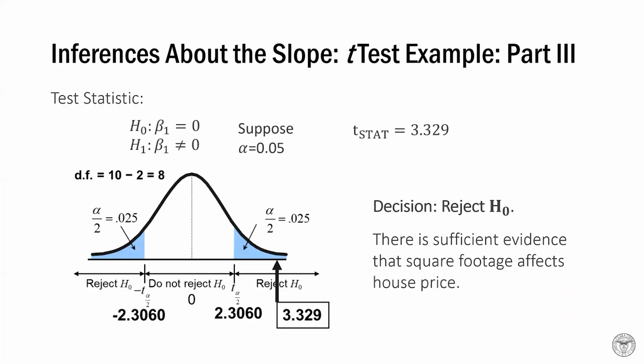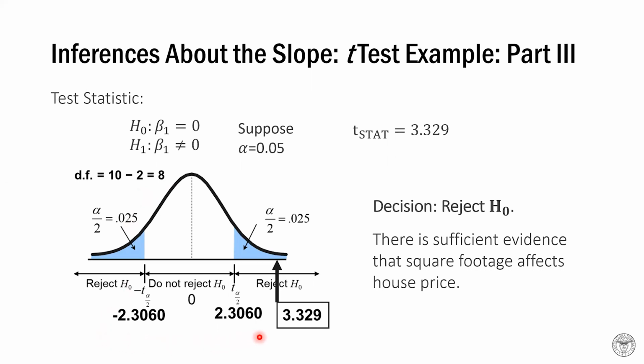Assuming a level of significance alpha equal to 0.05, the degrees of freedom is n minus 2, which equals 10 minus 2, equal to 8. Looking up the t-table, we can identify the critical values of the rejection region are negative 2.3 and positive 2.3.